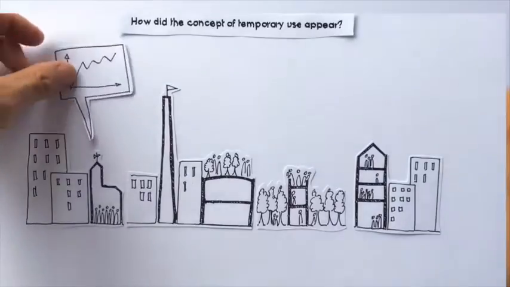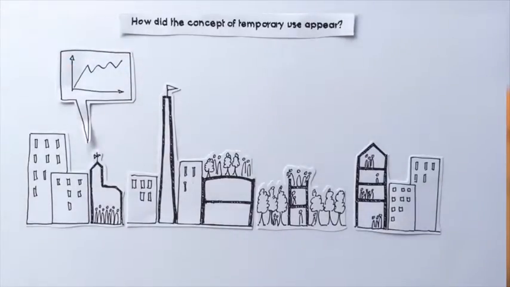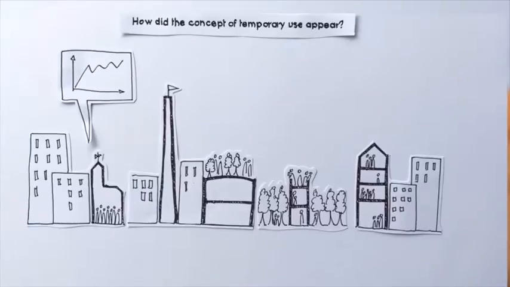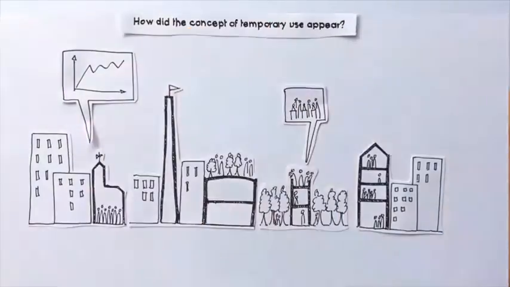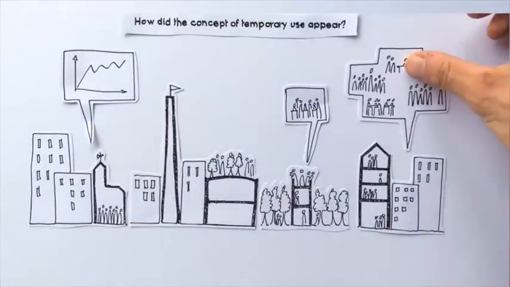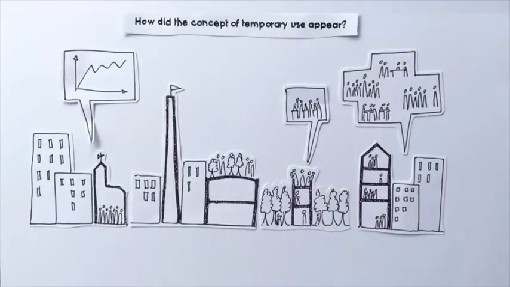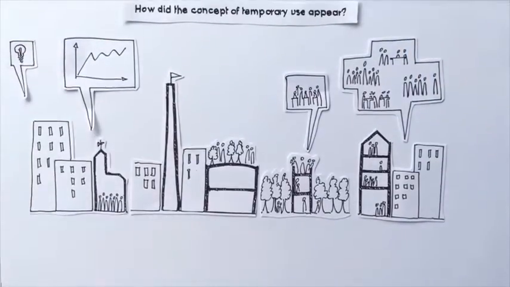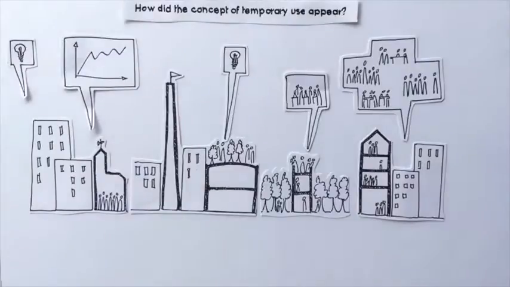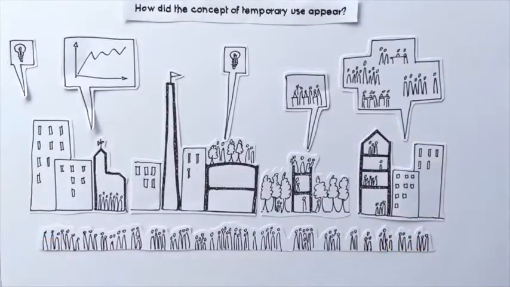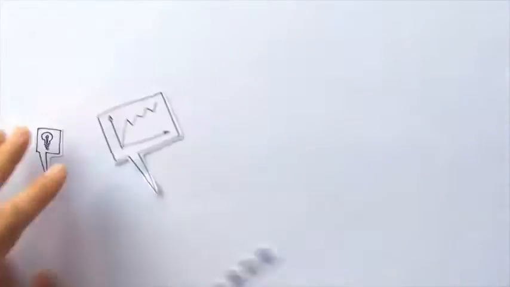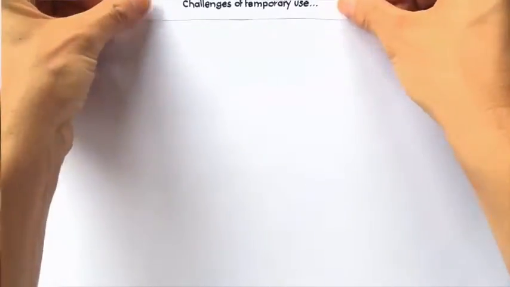Temporary use is now recognized as an asset for economic and cultural development of the city, accommodating projects in their starting phase, hosting economic incubators in the city, finding places for emerging ideas, strengthening equity and involvement of citizens in the city development process. Developing temporary use is also a challenge.